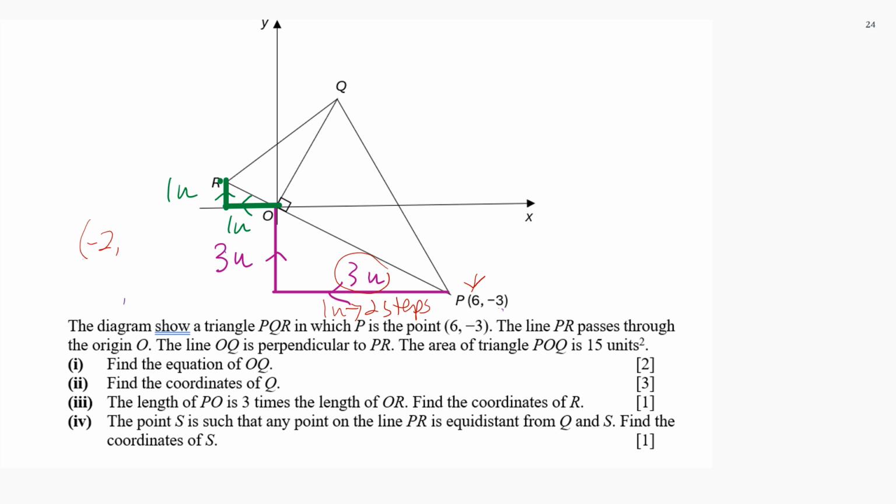Now let's look at your y coordinate. For the y coordinate, 3 steps represent 3 units. So 1 unit will be 1 step. So you're walking 1 step up. Therefore that will be 1. So the coordinates of R will be (-2, 1).